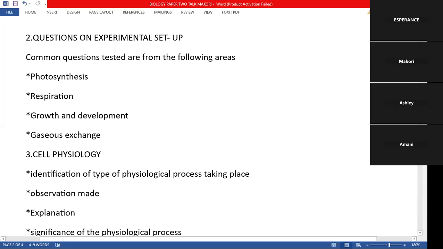Like, is carbon (IV) oxide necessary for the process of photosynthesis? You normally get an experiment that has a polythene paper enclosed with sodium hydroxide pellets. We know that the sodium hydroxide pellets are responsible for absorbing the carbon (IV) oxide. So they will take a plant that has been kept in darkness for 48 hours, then place it within the sunlight.